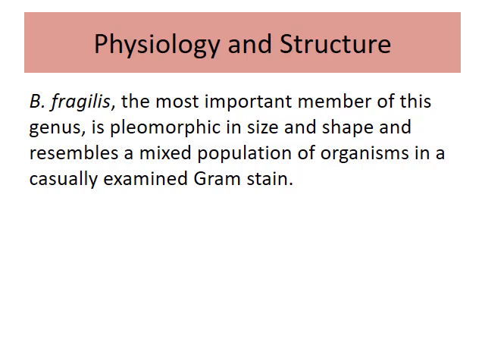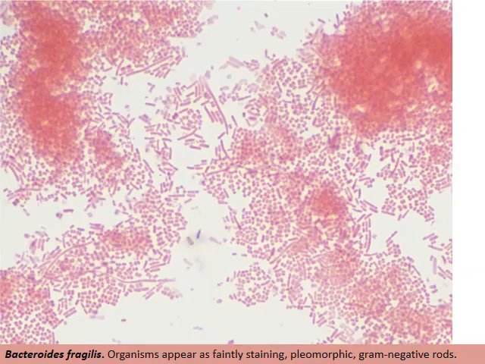Of all the group that we have within this genus, Bacteroides fragilis especially is pleomorphic. As I said, sometimes if you look at the gram staining, you'll see a varied picture. Some of them are cocci, some of them are rods, and it makes you think that there are many different bacteria.